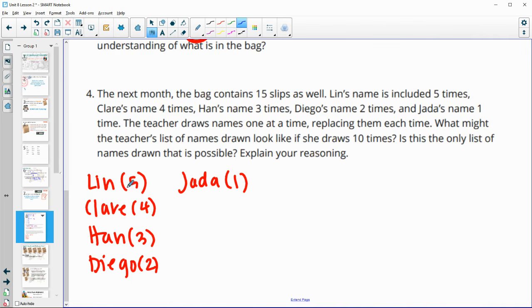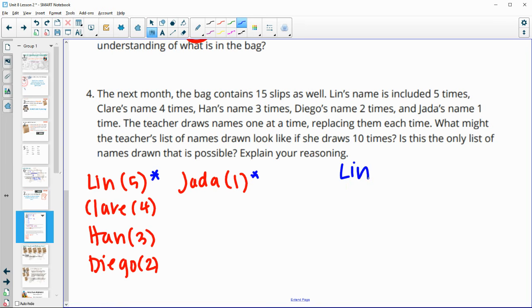As you're making your list, it would make sense that Lynn would probably be in there more than Jada because Lynn's in there 5 times versus Jada once. And you could have a lot of different possibilities. So what you come up with definitely is not the only list possible.